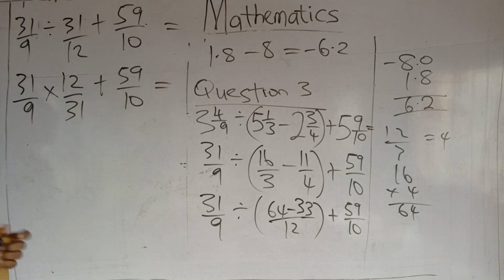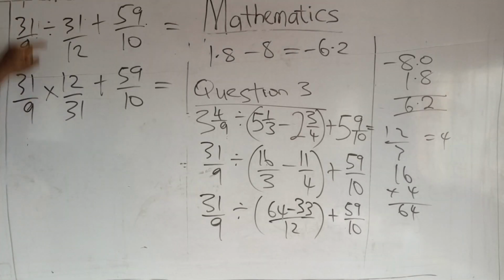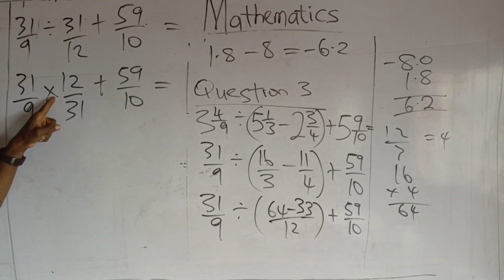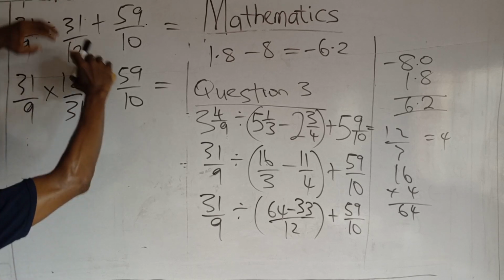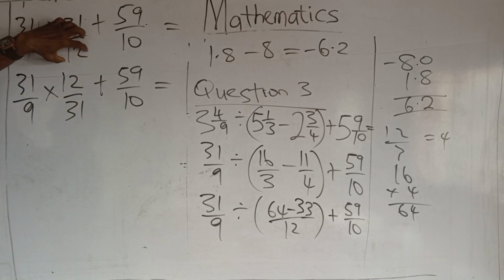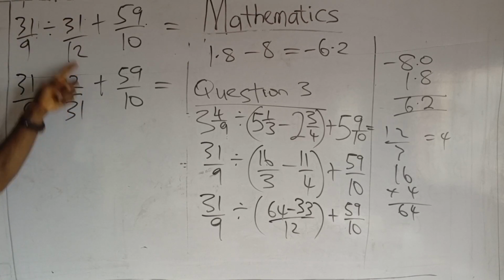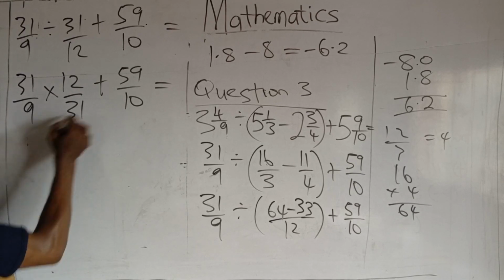What have we done? We changed the division sign to multiplication, then we invert. To invert means to turn the fraction upside down. We take the denominator to become the numerator, while the numerator becomes the denominator. And what happens?